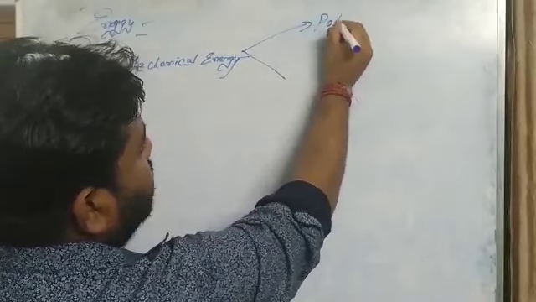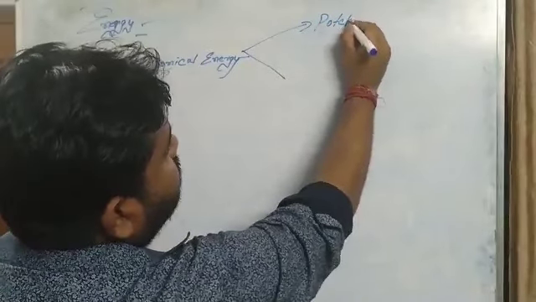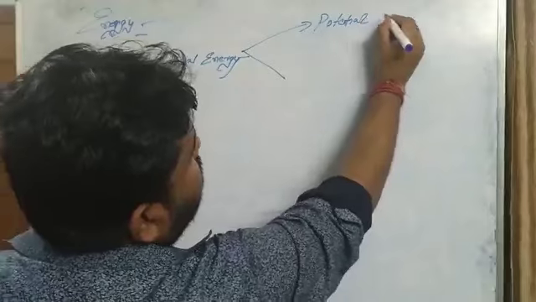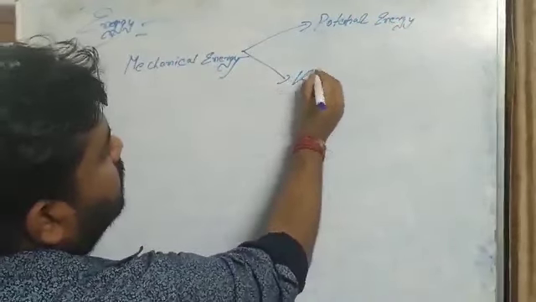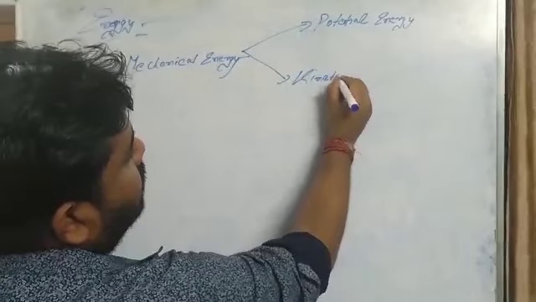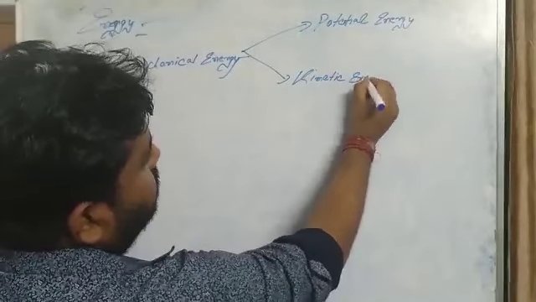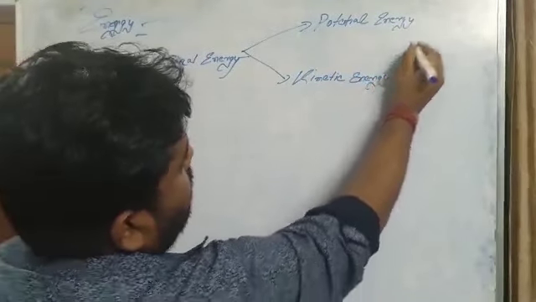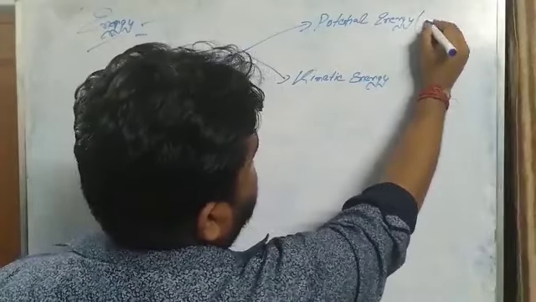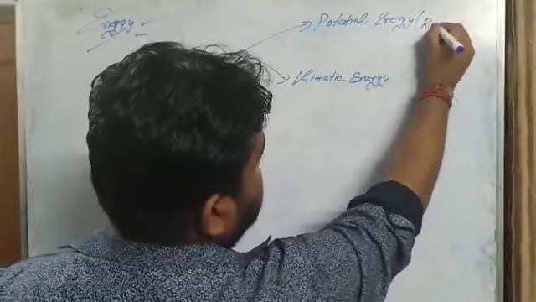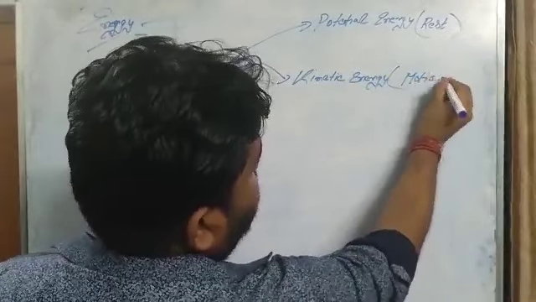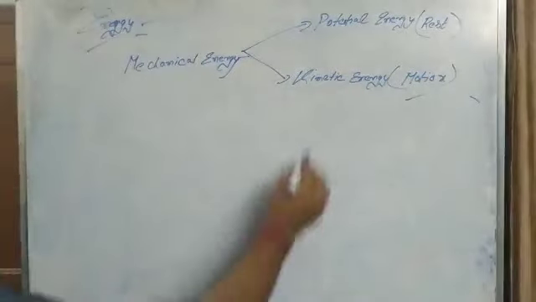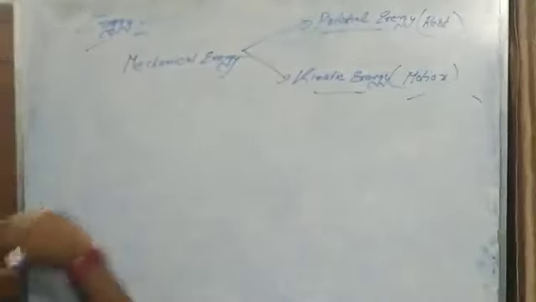One is the potential energy. The other is the kinetic energy. This is mainly energy at rest, and this is energy in motion. Okay, these are the two types of mechanical energy.